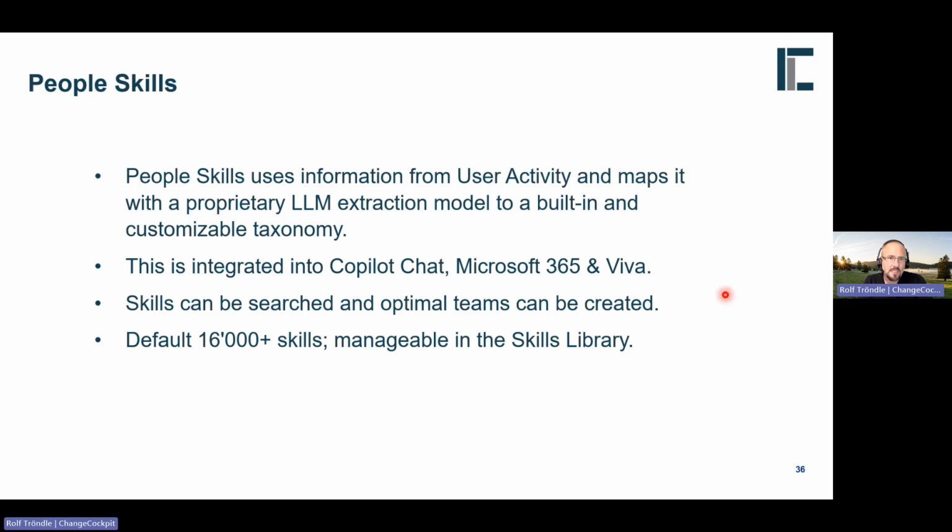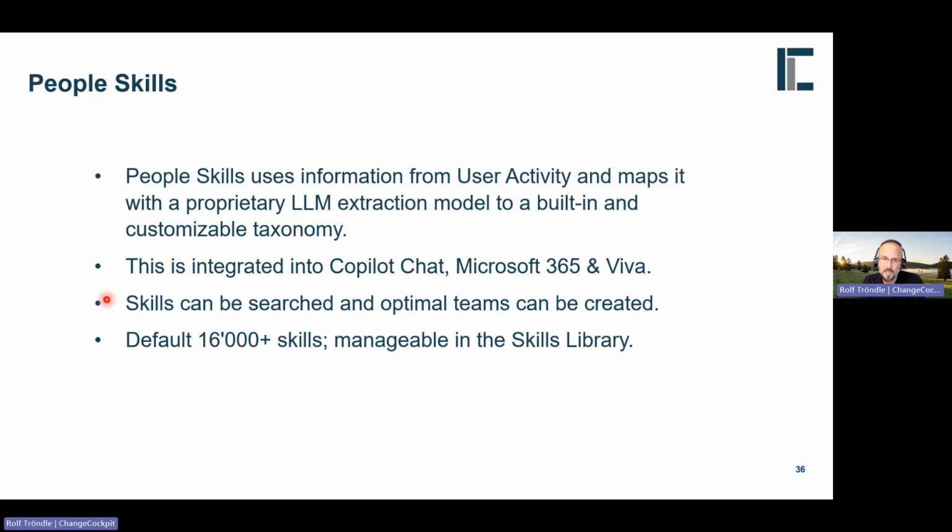Then we have the People Skills Agent. This uses information from existing user activity and maps it to a taxonomy, so to individual skills assigned to users, and for doing this it uses a proprietary LLM extraction model.